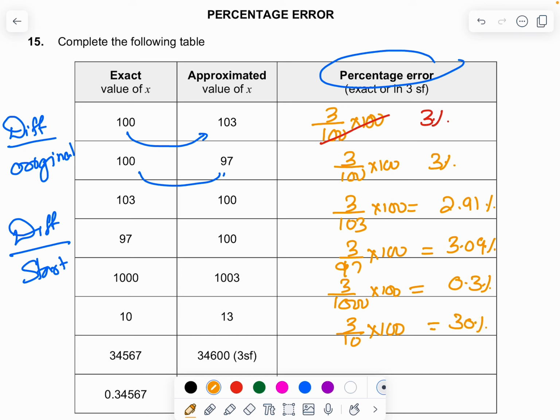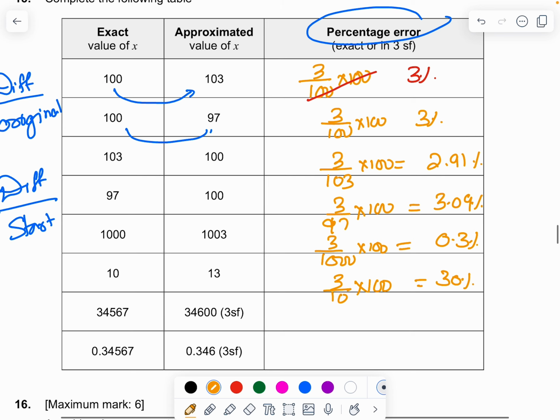Then what is going to be the difference? 3 significant figures, 3, 4, 6. So the difference is 34,600 minus 34,000, this one is 33. 33 divided by 3, 4, 5, 6, 7 times 100.